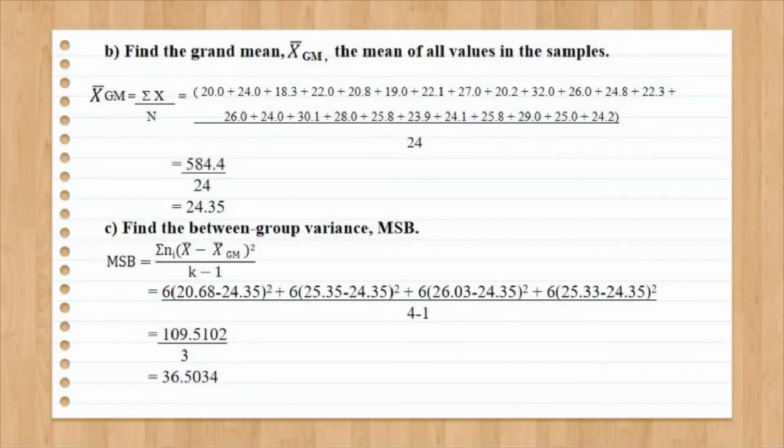We get 584.4 divided by 24, and then we'll get the final answer 24.35.